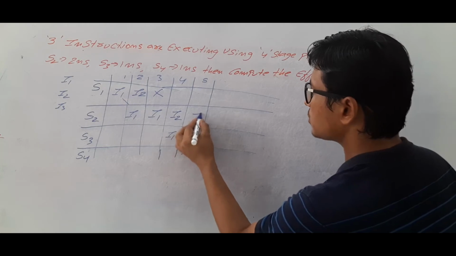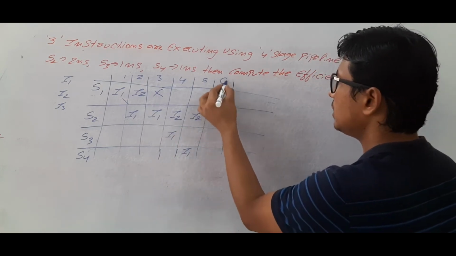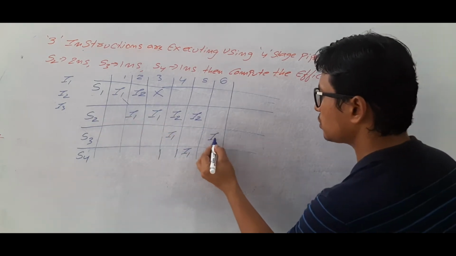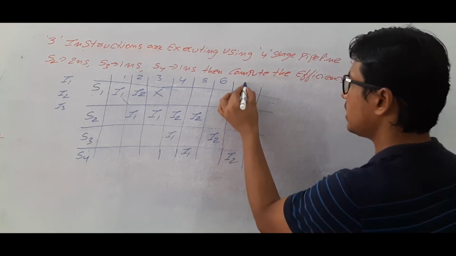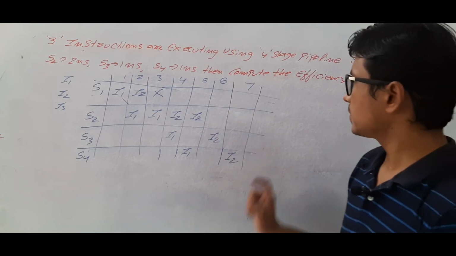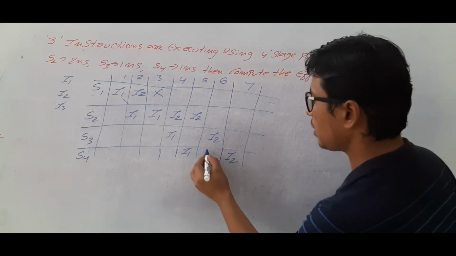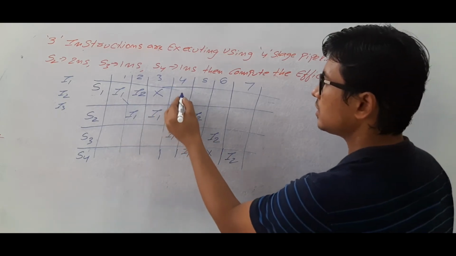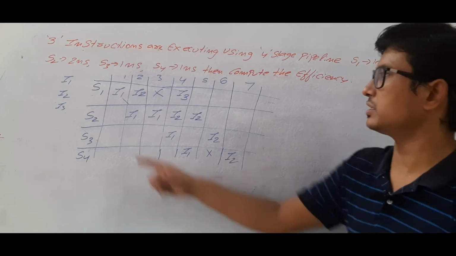Then how many nanoseconds will it take? It will take 2 nanoseconds to execute instruction 2 in stage 2. Then only it will go to stage 3 and execute for 1 nanosecond, and then go to stage 4. So at the 7th nanosecond you have executed the second instruction. Now only here can instruction 3 start executing its operations.